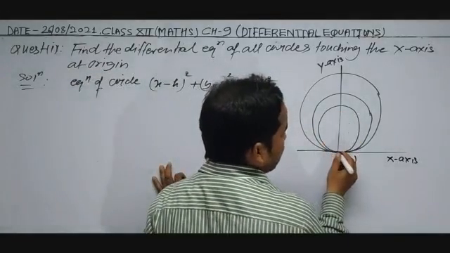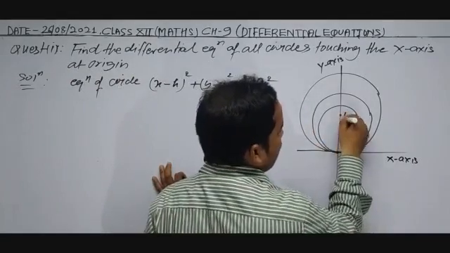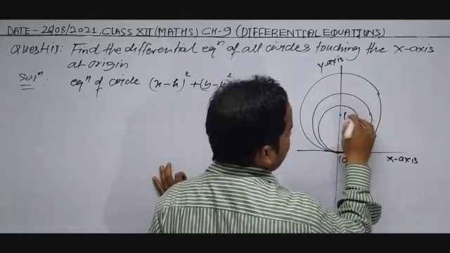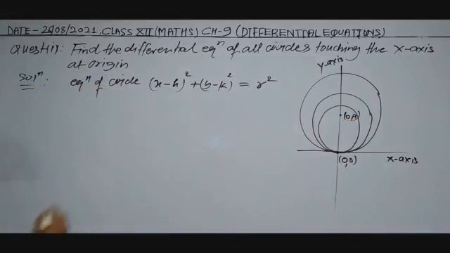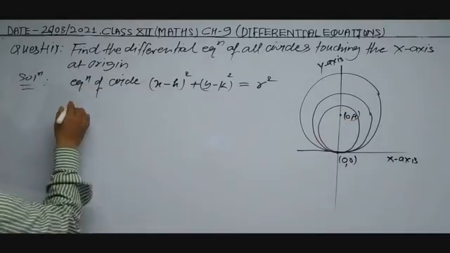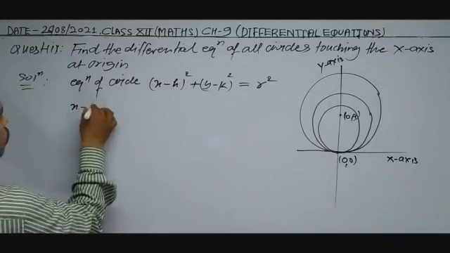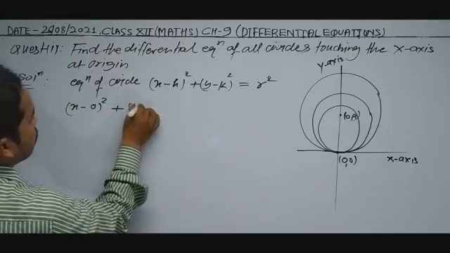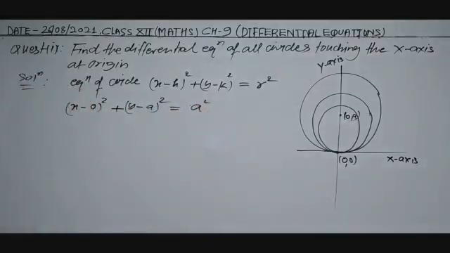When the circle touches the x-axis at origin, the center lies on the y-axis and its coordinates will be of the form 0, a. Now this point will satisfy the equation. So x minus 0 whole square plus y minus a whole square is equal to a square.